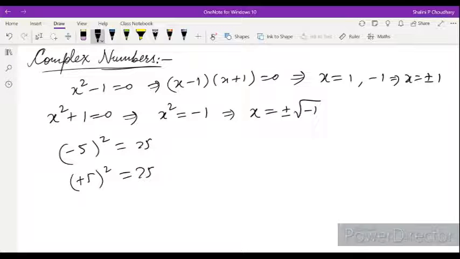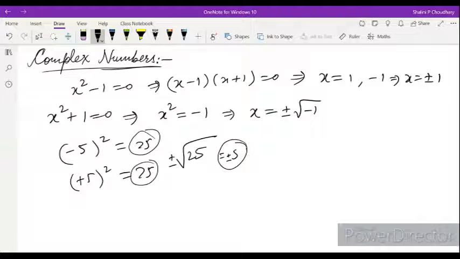So any number we are taking, any negative or positive number, and we are squaring the number, we are getting always a positive number. So if we are finding the square root of any positive number, if we are finding 25 ka square root, we'll get plus minus 5. So plus minus 5 matlab there will be two values, plus 5 aur minus 5.